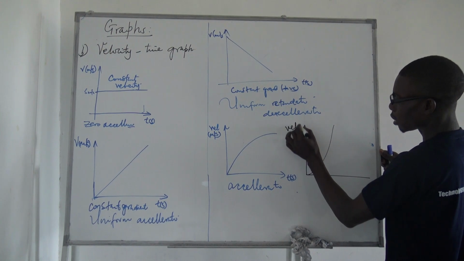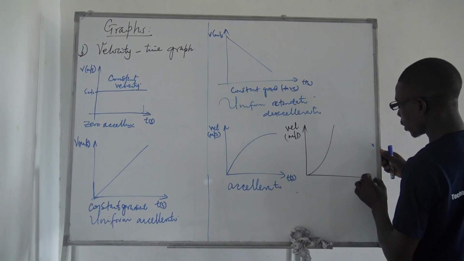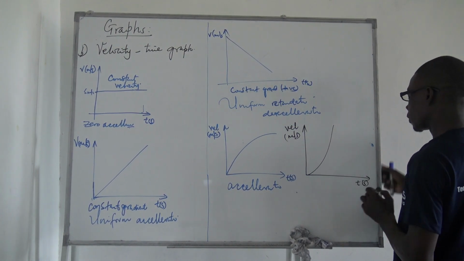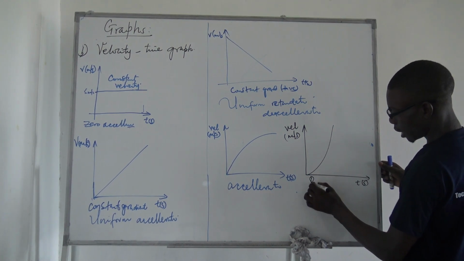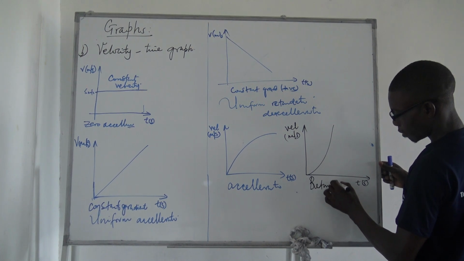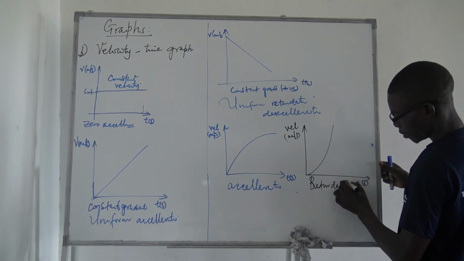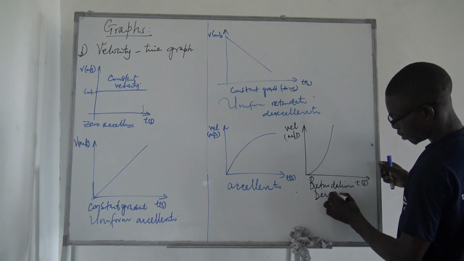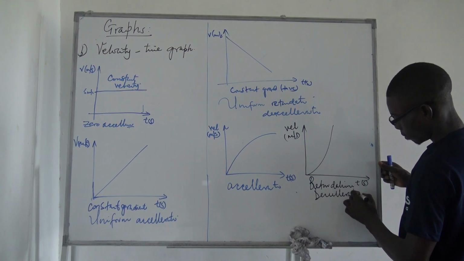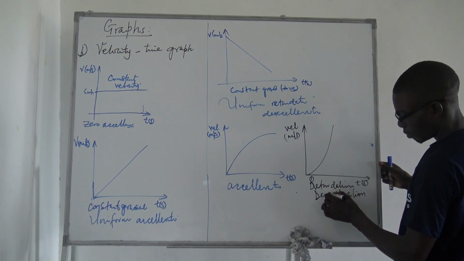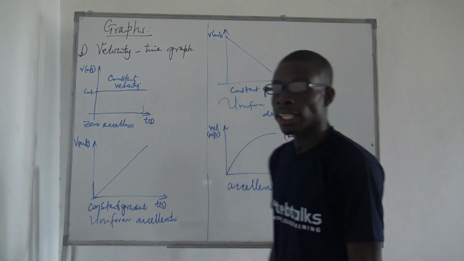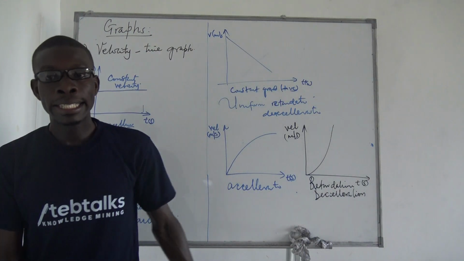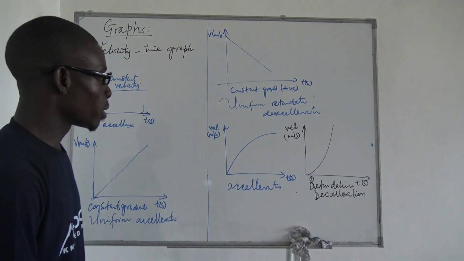This is velocity in meters per second against time in seconds, and this is deceleration or retardation, but not uniform. Is that okay?